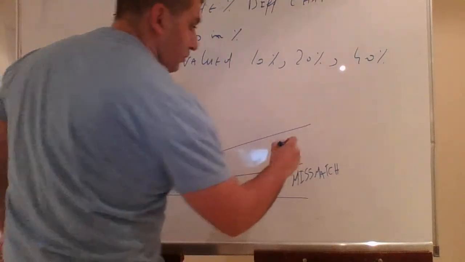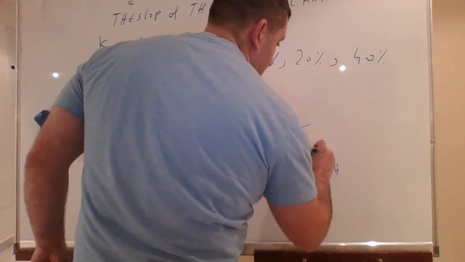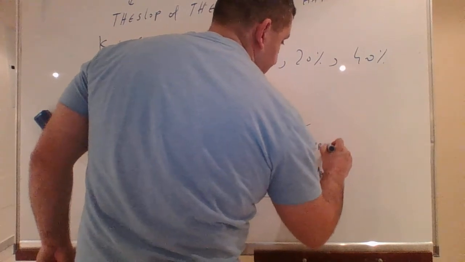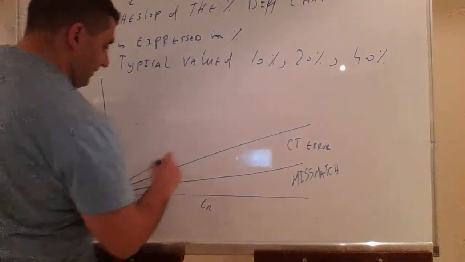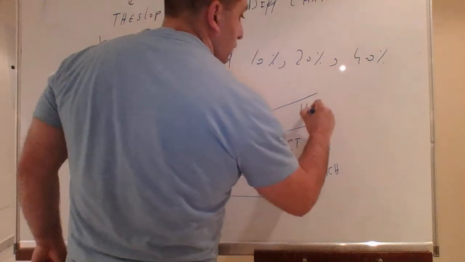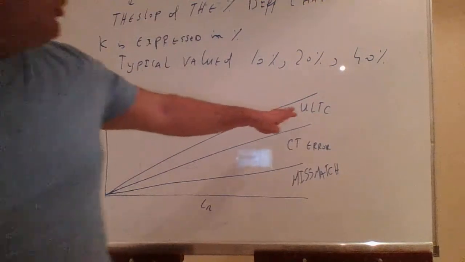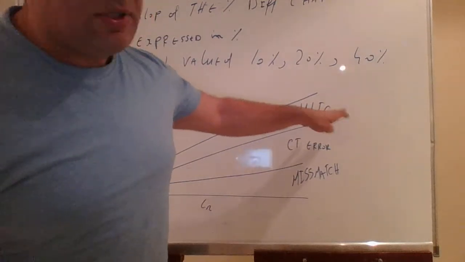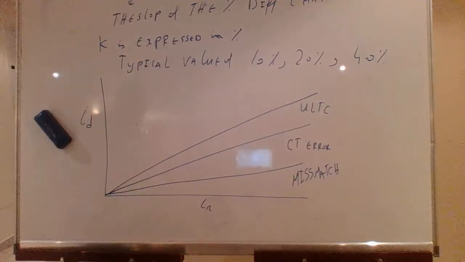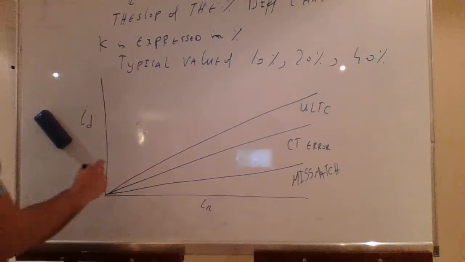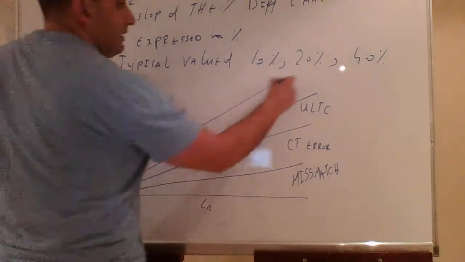The second error will be known as CT error, and then you will have ULTC. ULTC stands for under load tap changer, and then you will have margin.